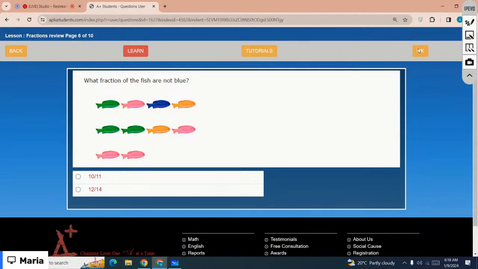Which is the correct option? Very good. That is 10 out of 11. Only one of them is blue, right? The total fish are 11. Only one is blue. Rest of the 10 are not blue, right? So that would be 10 out of 11. Option number 1 is the correct option. 10 out of 11 are not blue.